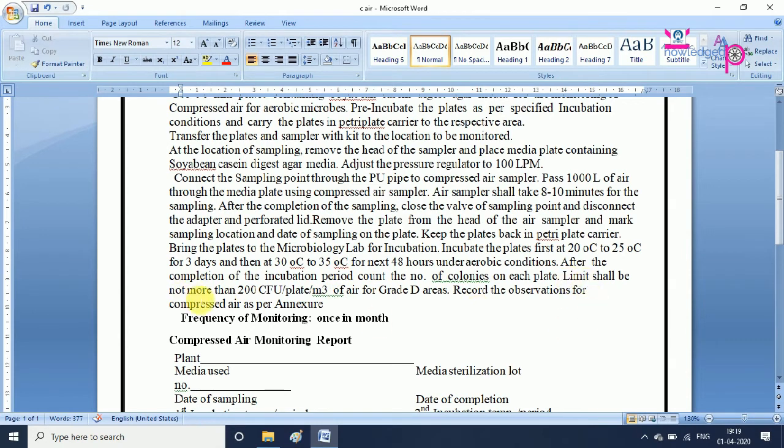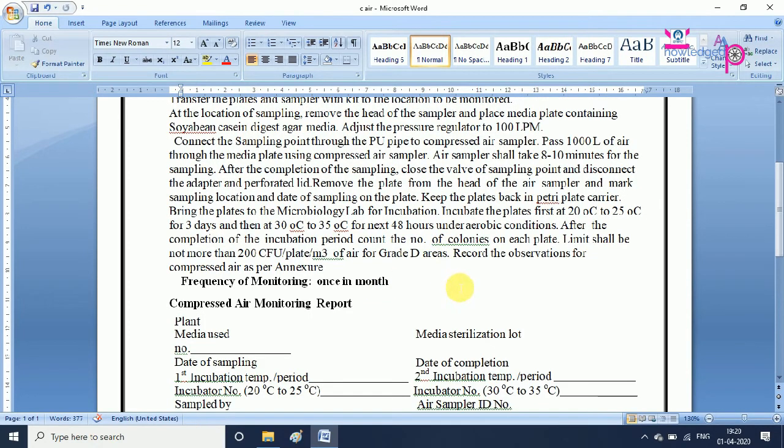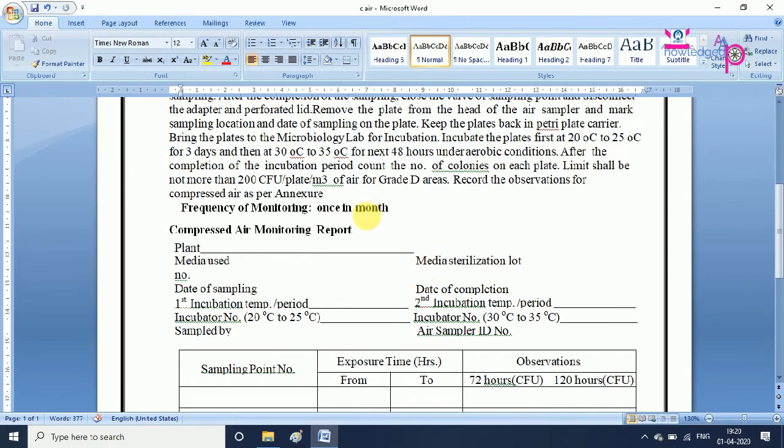Record the observation of compressed air as per the annexure. Whatever is given in the annexure, we have to do the recording in that annexure. For this testing and monitoring, the frequency given is once in a month. Every month we have to do this monitoring and testing of compressed air for viable count.